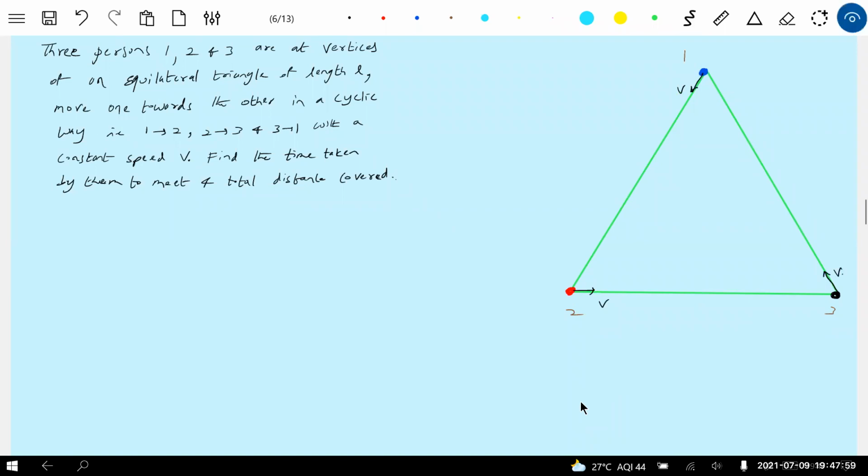After some time, 1 will be here. Then 2 will be here. So its velocity will now be directed in this way, no? So 1 will not be here, he will be somewhere here. 2 will be somewhere here. 3 will be somewhere here.